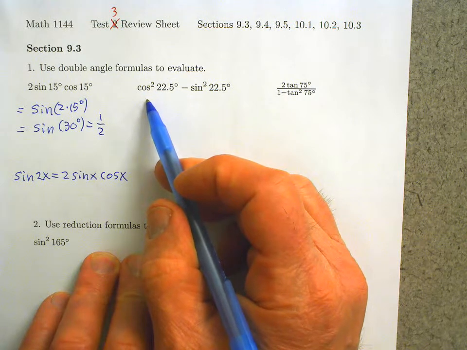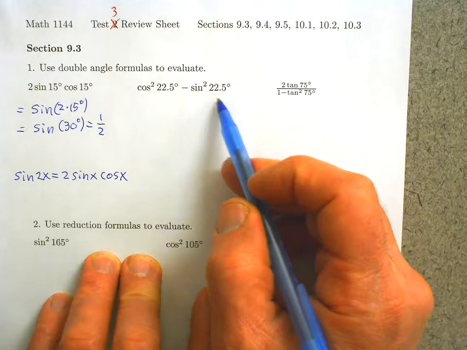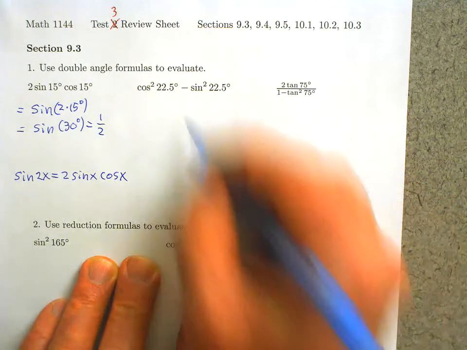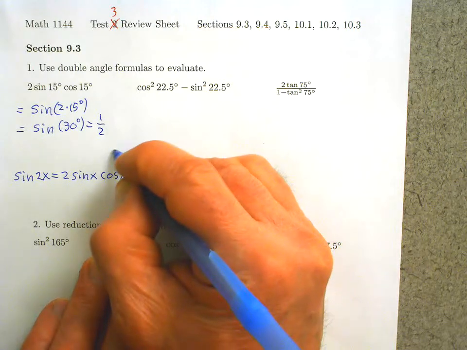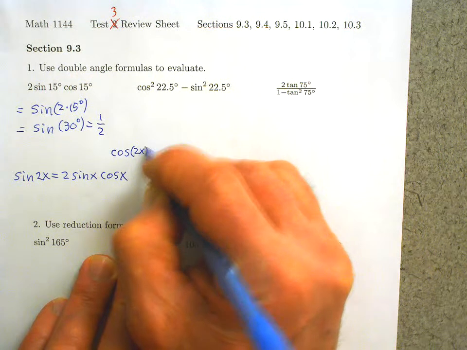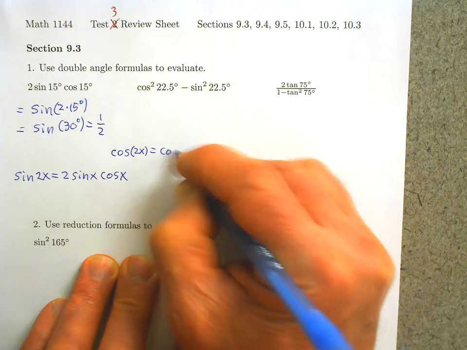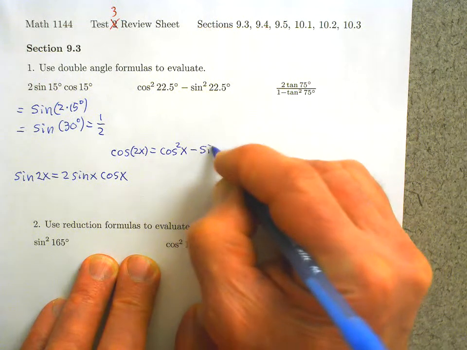Okay, the next one, cosine of 22.5 degrees squared minus sine of 22.5 degrees squared. Well, for this one, the double angle formula, cosine of 2x is equal to cosine of x squared minus sine of x squared.